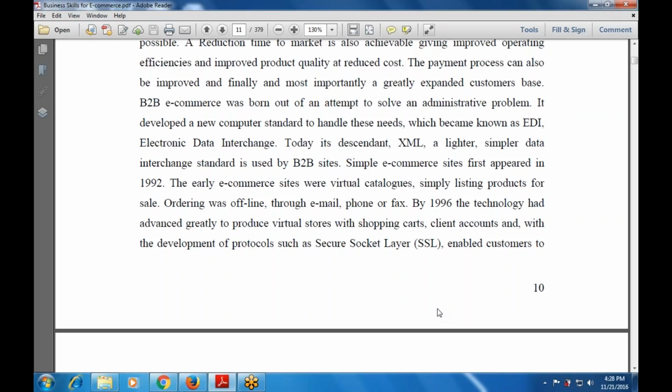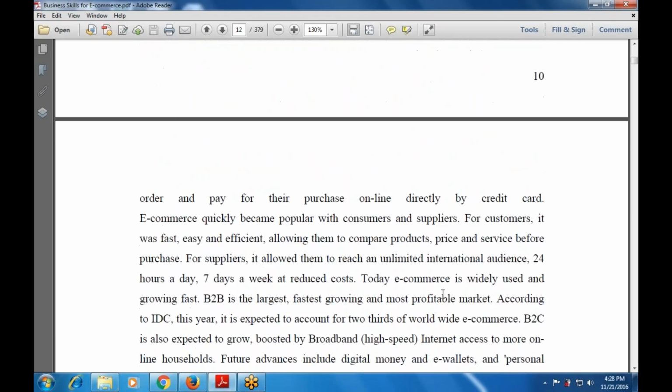But that drawback will be improved by using a protocol known as SSL, secure socket layer. This secure socket layer protocol makes the transaction smooth, enabling a customer to order and pay for their product online by using their debit card, credit card, or internet banking smoothly, and there is no risk of losing the money.